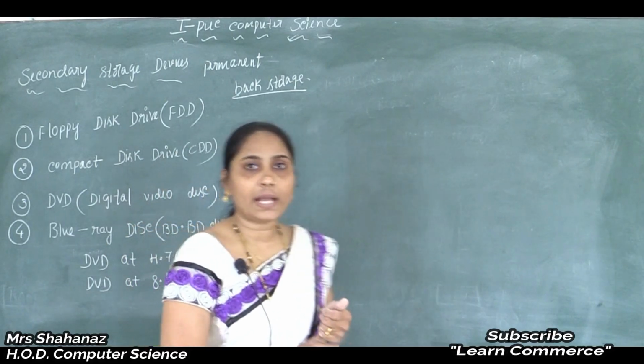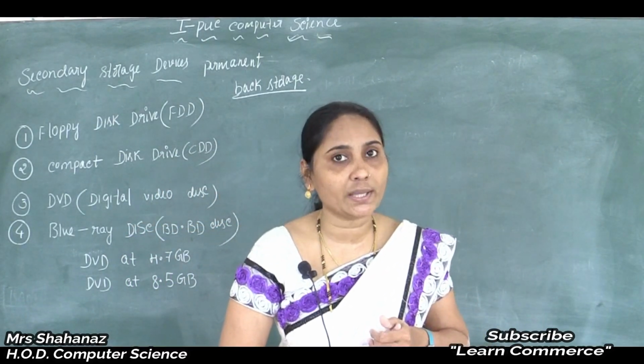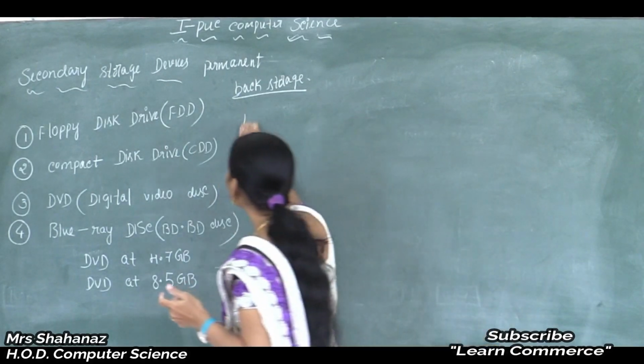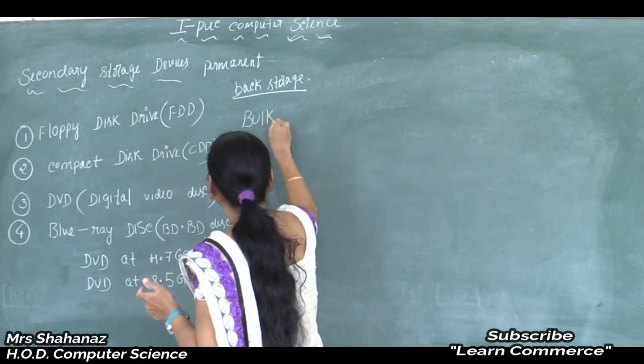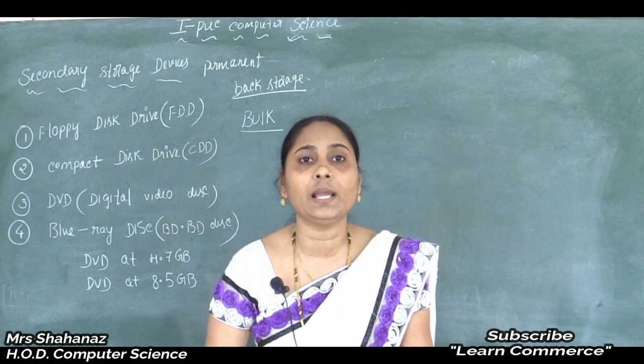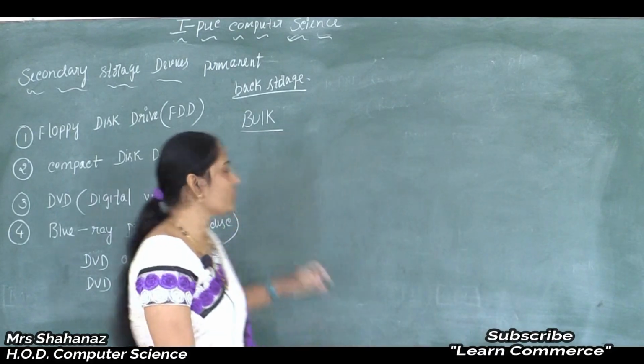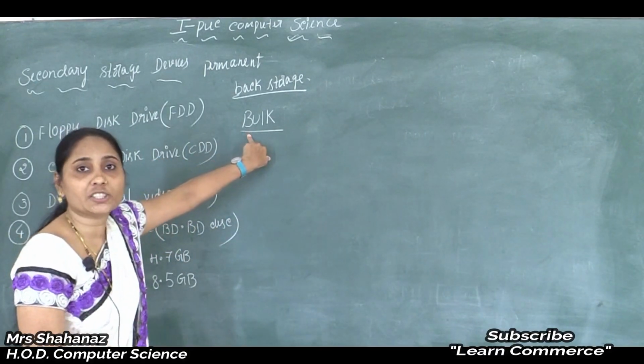Secondary storage devices are used for bulk storage of information. What is the meaning of bulk? It means we can store a large amount of information by using secondary storage devices.